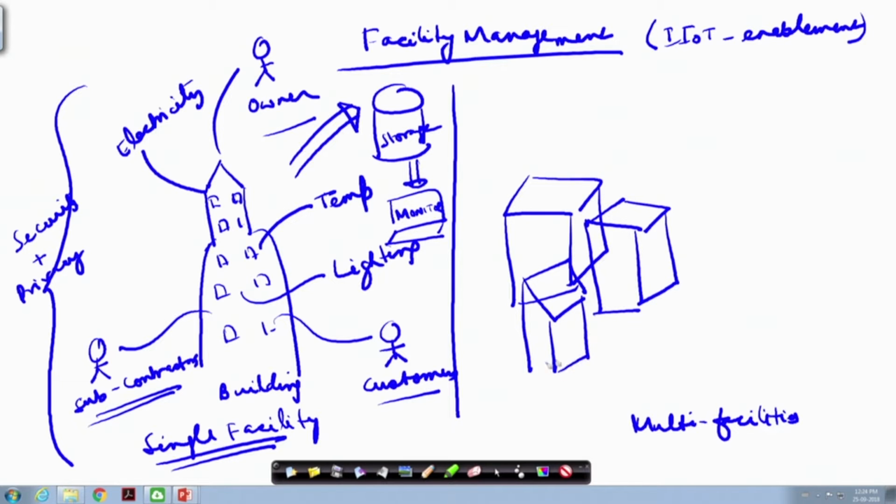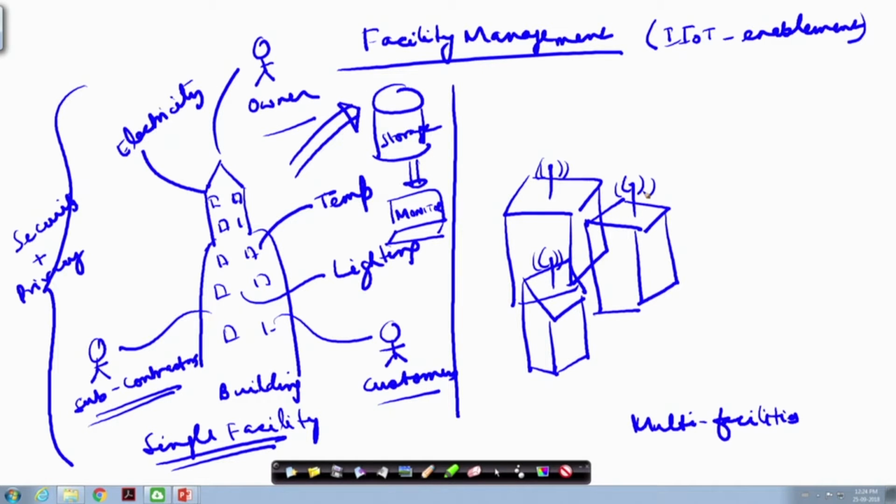These will have different antennas fitted with them to send the data out of these buildings and so on.